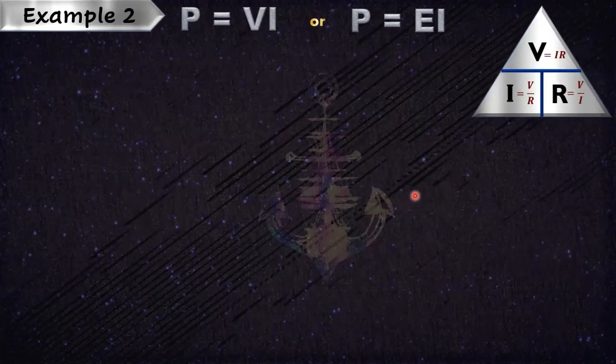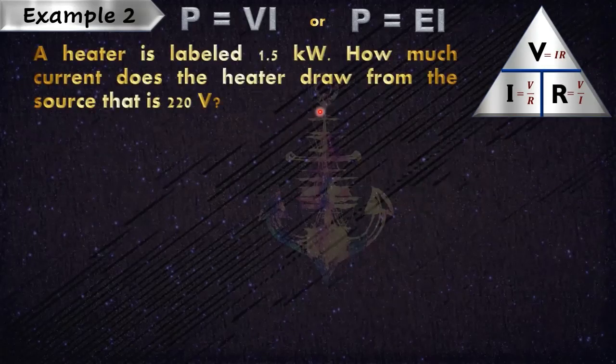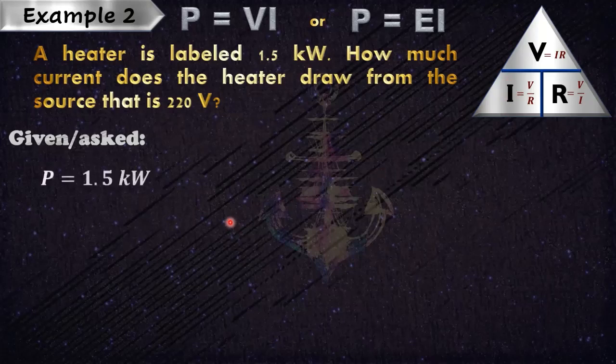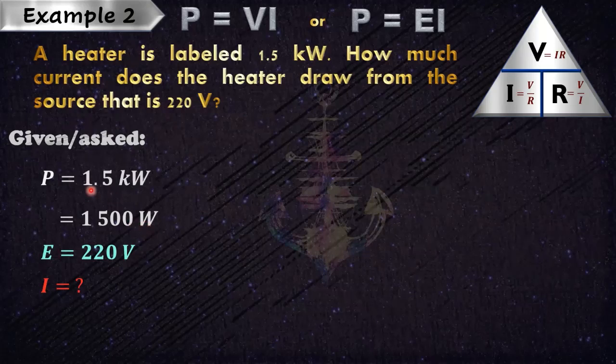A heater is labeled 1.5 kilowatts. How much current does the heater draw from the source that is 220 volts? How much current? So we are asked to solve for the electric current. What's given? We have 1.5 kilowatts, and in our formula, the power should be in watts. So we will simplify this. 1.5 kilowatts, 1 kilowatt is equivalent to 1,000 watts.